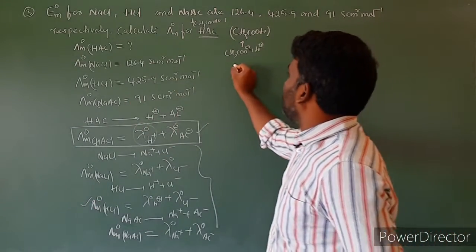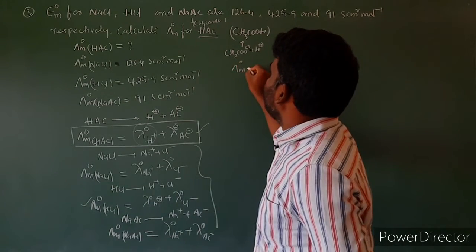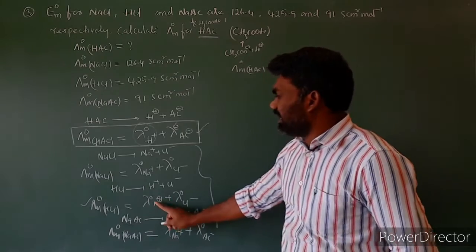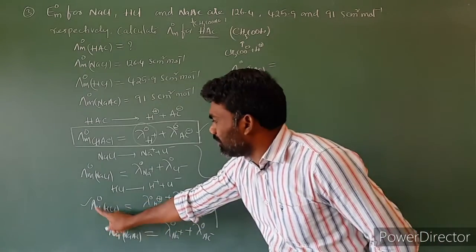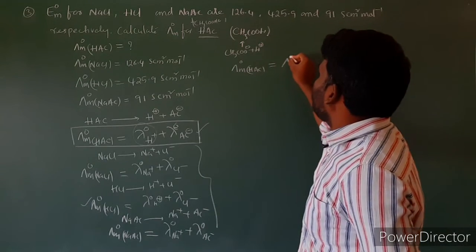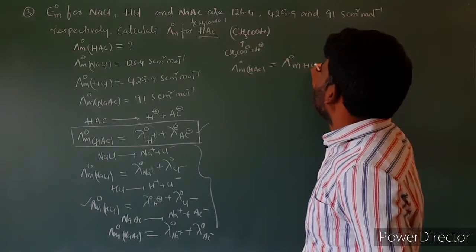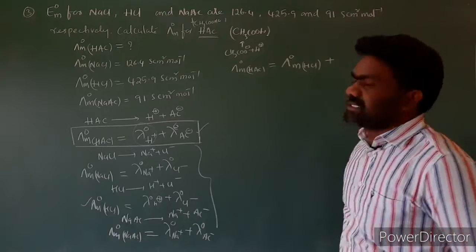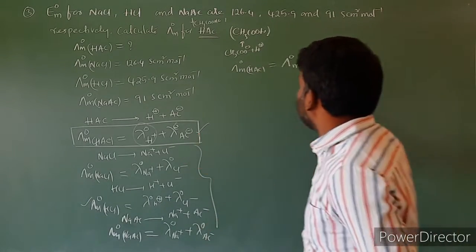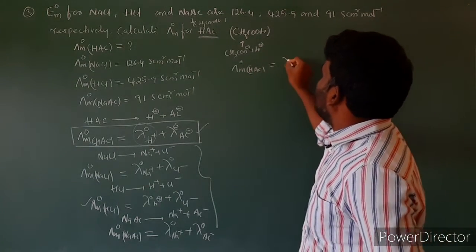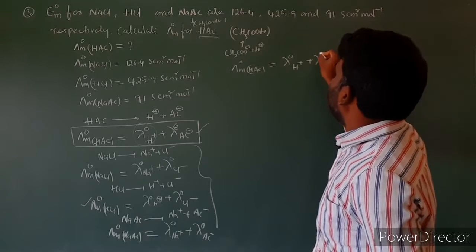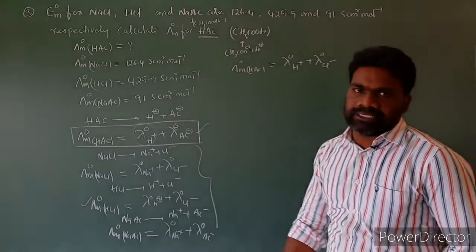So lambda naught m HAC is equal to, we must get H plus, from where? Lambda naught m HCl, that is lambda naught H plus plus lambda naught Cl minus.